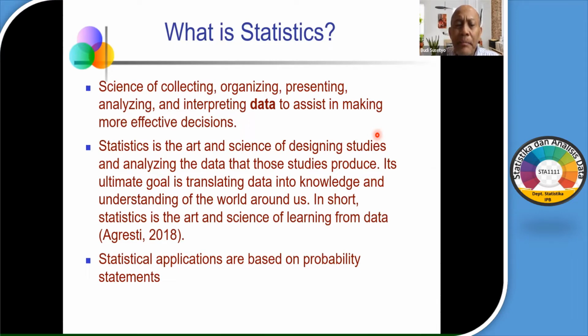The other defined statistical applications are based on probability statements. So probability. This is not exact. If you interpret something from the data, statistic will not say that this is 100% true.